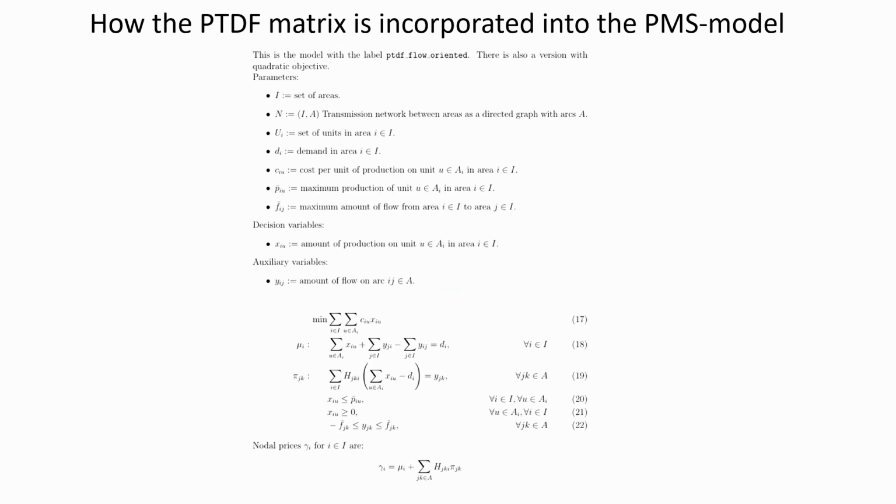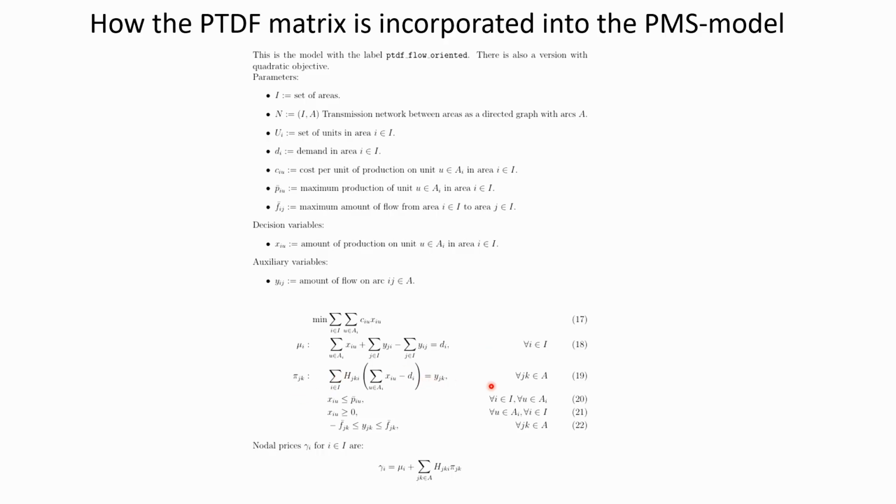This slide shows how the power transfer distribution factor matrix is incorporated into the power market simulator model. I'll not go through all these formulas here, but just show you that we have the objective function minimizing the total cost. We have this condition ensuring that there will be an energy balance in each of the nodes.